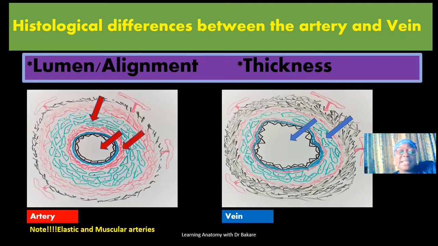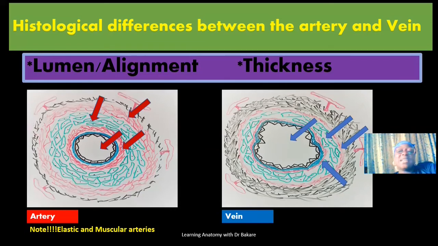If you look at the internal elastic lamina, it is thick. The external elastic lamina is also thick for the artery. In the vein, the internal elastic lamina is thin. The external elastic lamina is thin. So you see that the entire configuration of the tunica media in the vein is not as thick as what is presented in the artery. And this can also be used to justify the collapse of the wall of the vein.